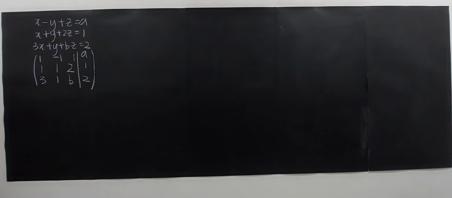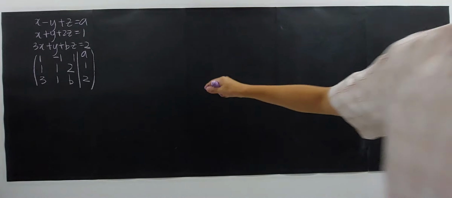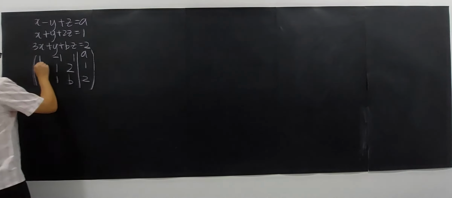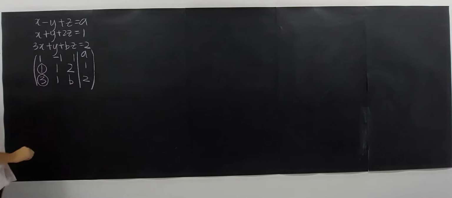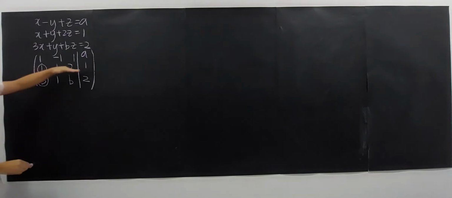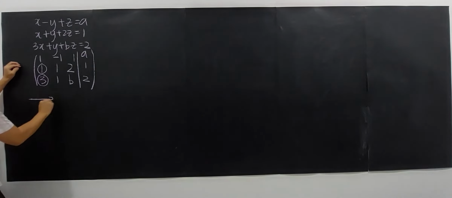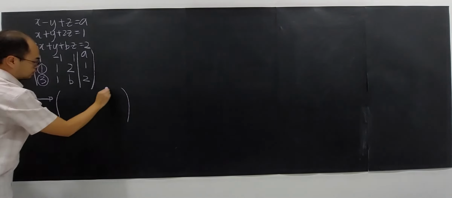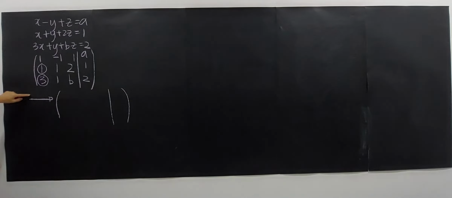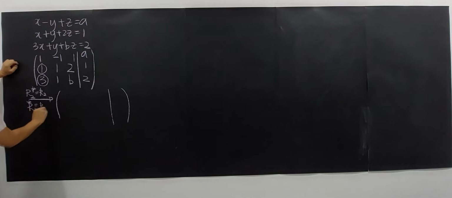So our focus is to change this 2 and 3 to 0 by using elementary row operations, modifying the second row and the third row by referring row 2 and row 3 to the first row.